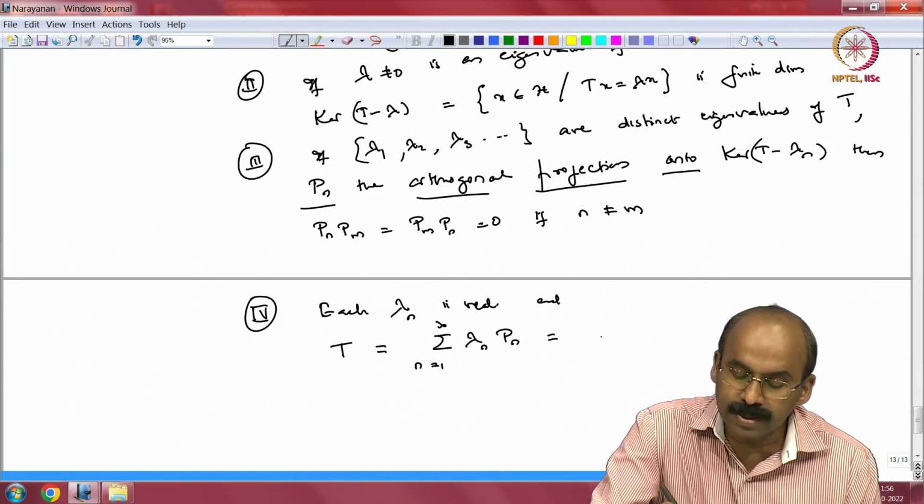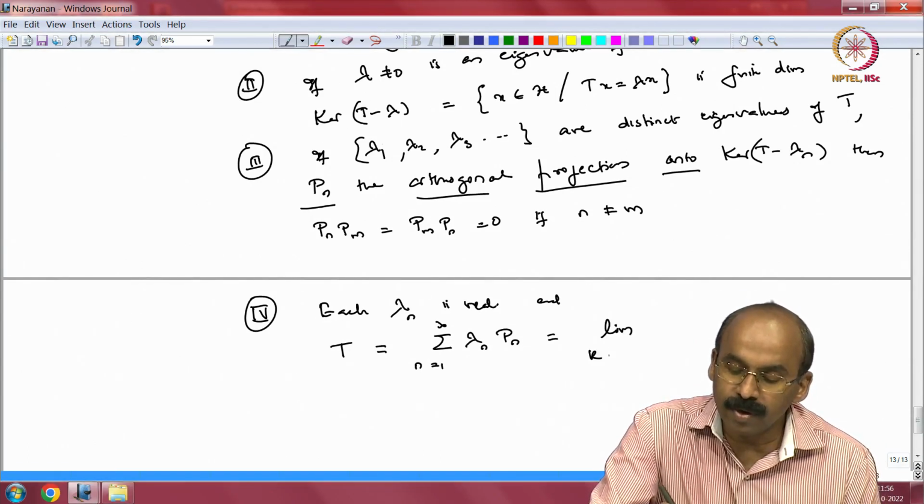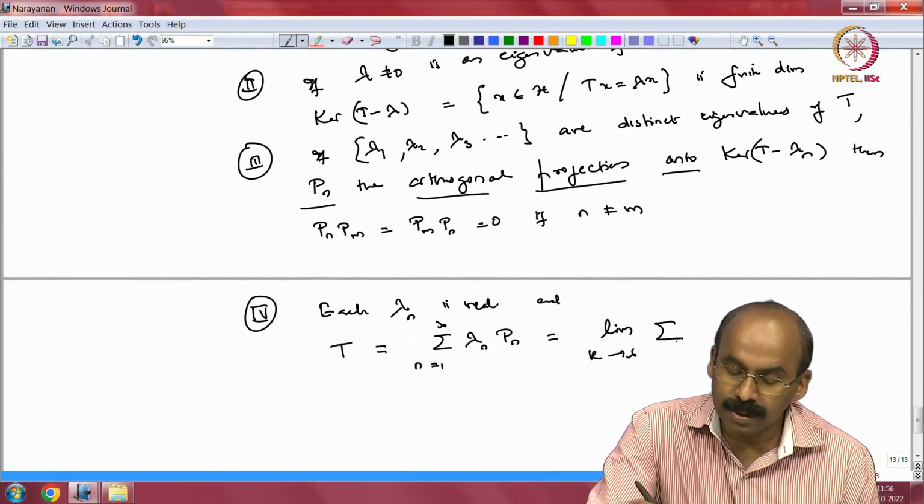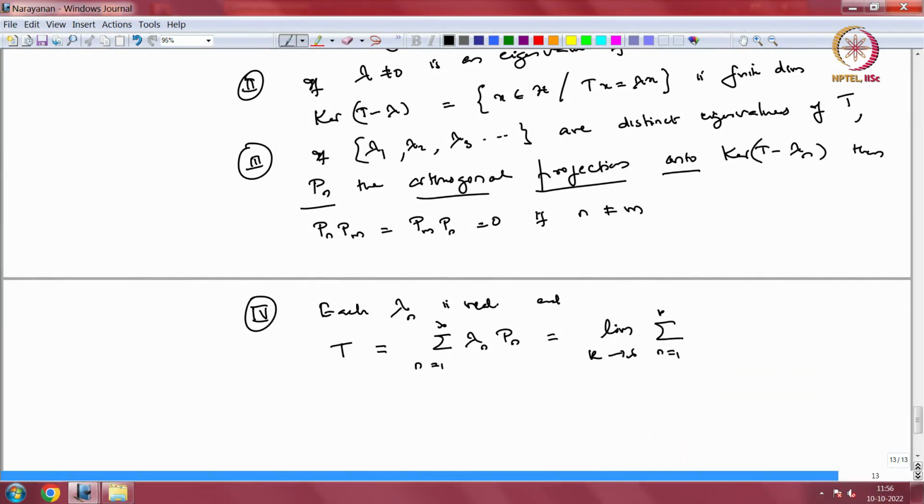This simply means the limit as k going to infinity of the summation n equal to 1 to k lambda n Pn.